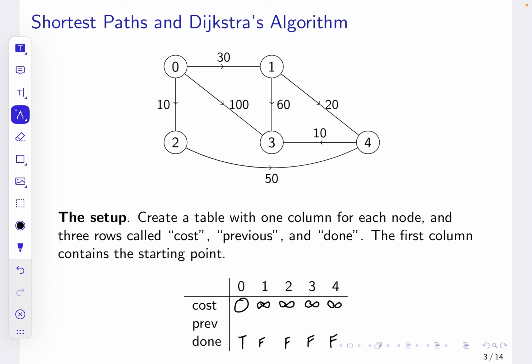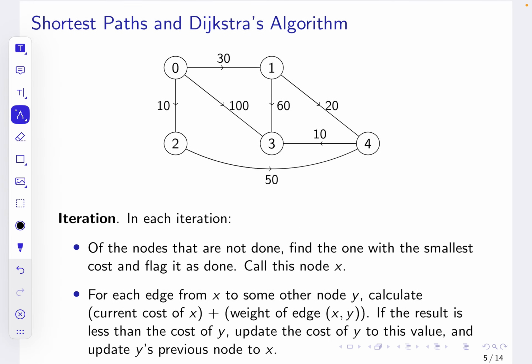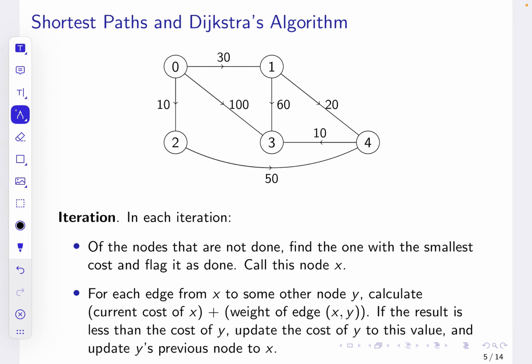So we mark this as true. Mark the done row for that column as true. So call this node x. For now, in our first iteration, x is 0.